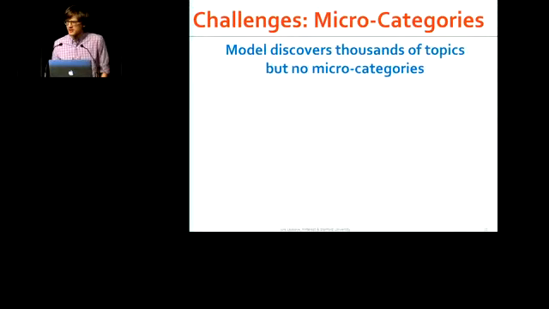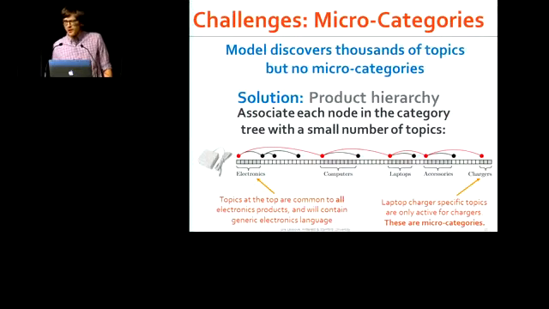And the last interesting thing is that when we are inferring these topic models, we really want to infer lots and lots of topics, right? Not a few hundred, but many more. And by inferring these little topics, it will allow us to identify what we call microcategories. The way we do this is that we rely heavily on the product hierarchy, right? Every product belongs to a hierarchy.